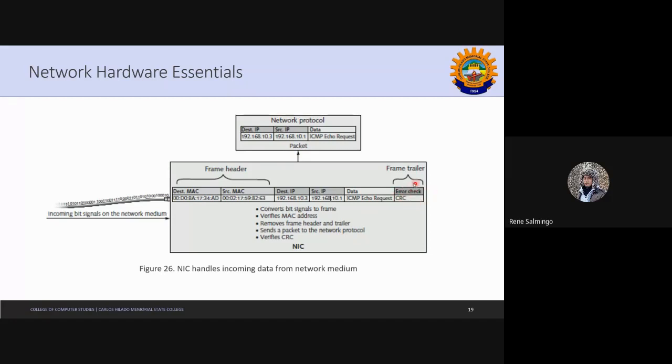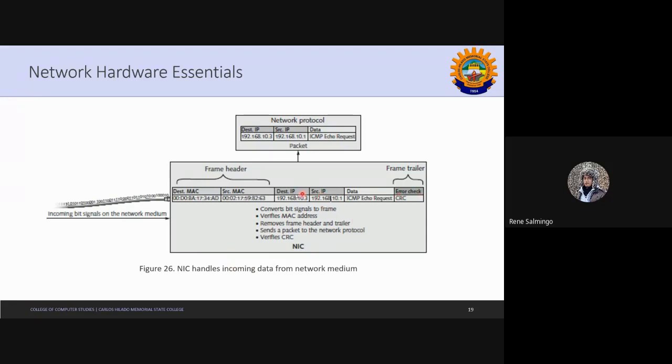We use the cyclical redundancy check to check errors in the frame, and it sends a packet to the network protocol. At this time it verifies the CRC, to confirm we have the correct data from the correct IP from each other.